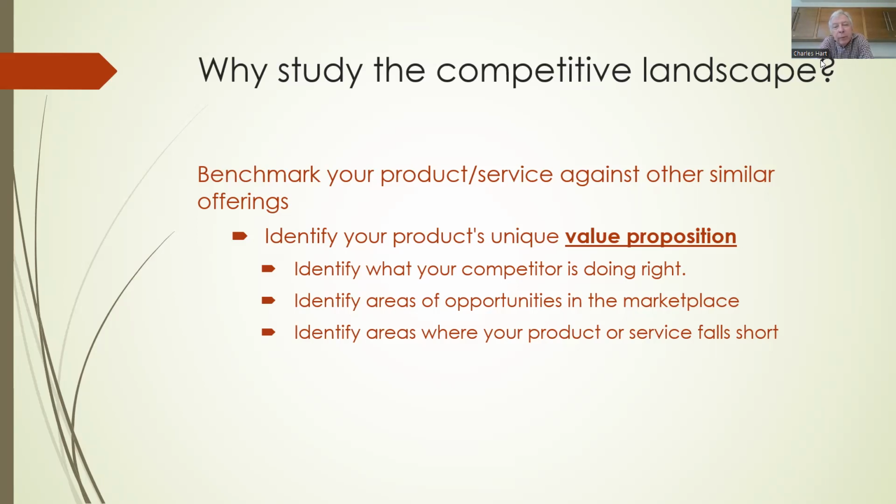If you look at the three bullets at the bottom, it's, what's your competitor doing right? And conversely, where are they not doing great that you can move into? What are the opportunities? It's really just being honest to compare and contrast your product against the other similar products, whether they're already being sold or they're going to be sold.